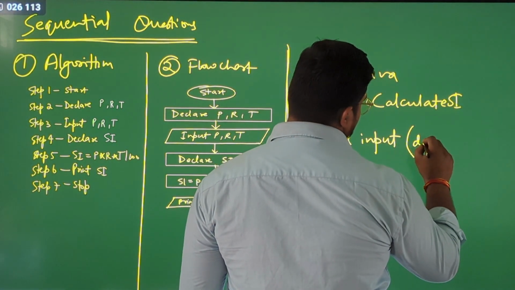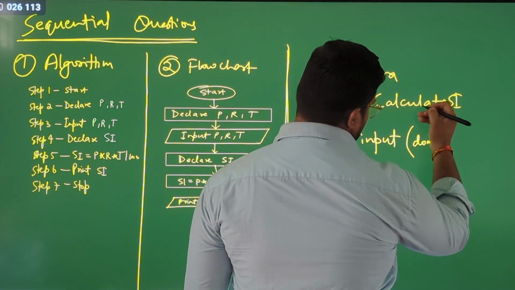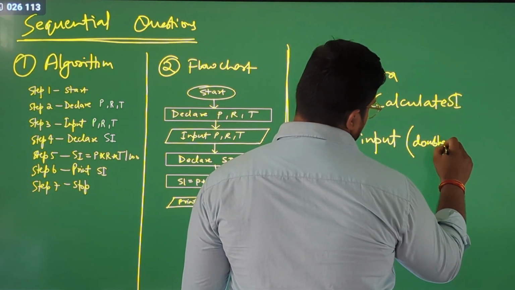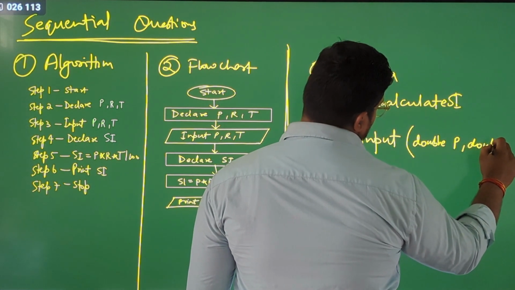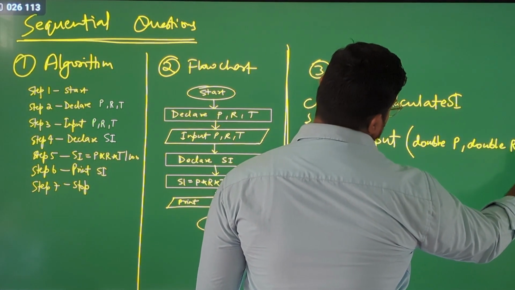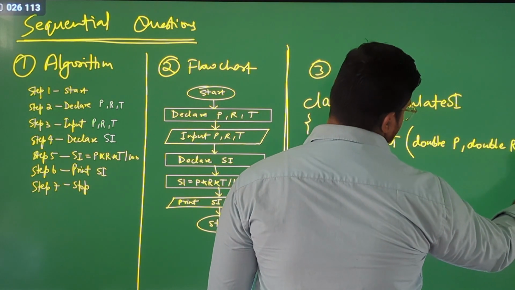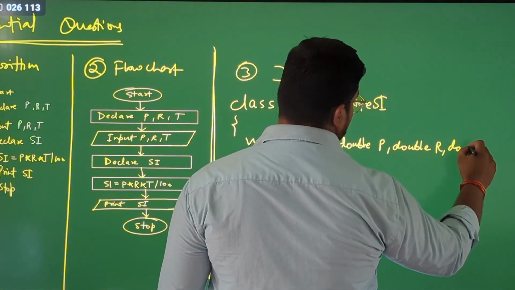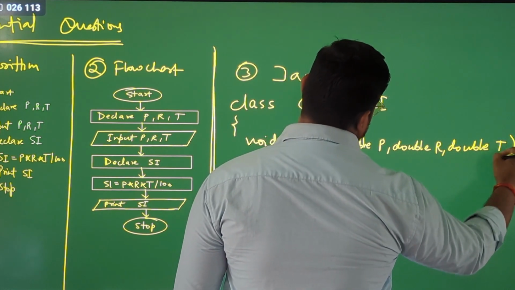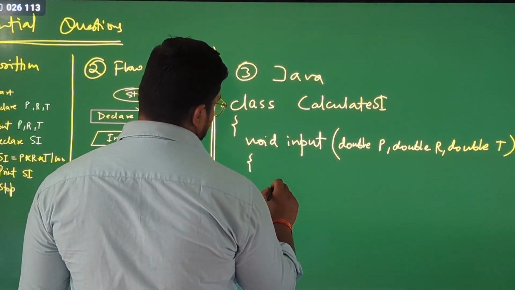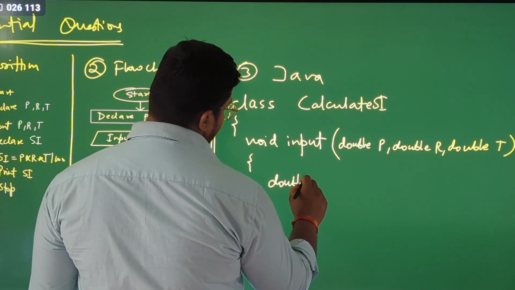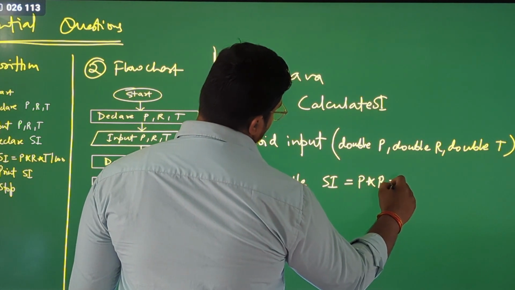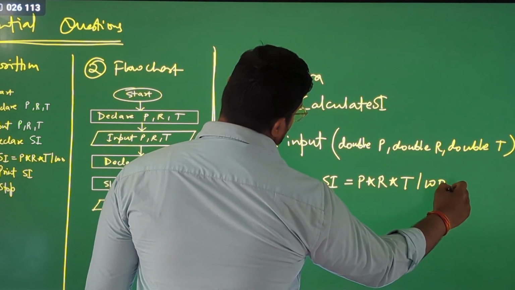Void input. We declared three variables: double P, comma, double R, comma, double T. Now, again we declared another variable, double SI is equal to P into R into T by 100.